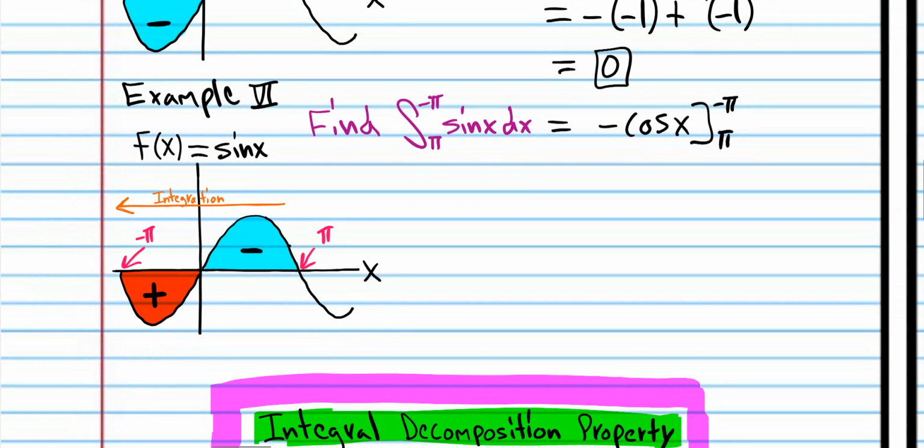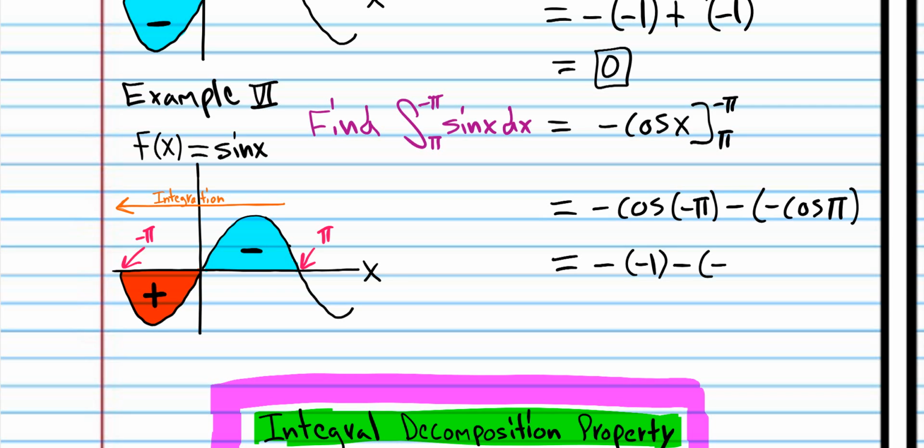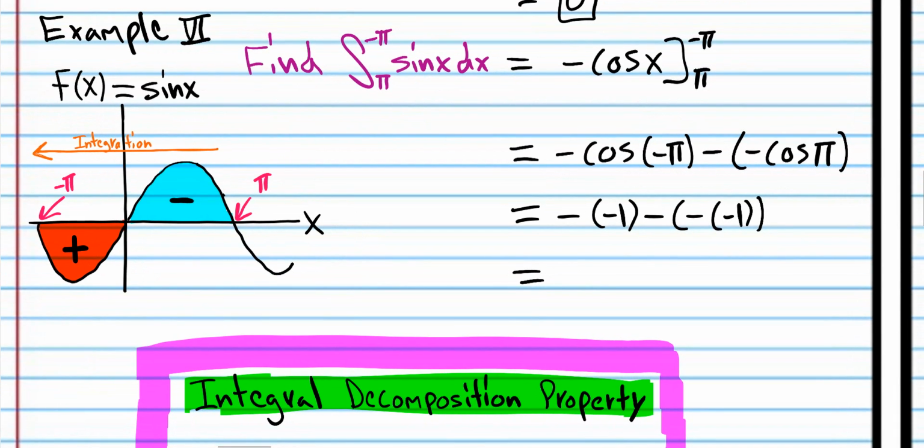We're reversing the limits of integration, plugging in negative pi first this time, then subtracting the antiderivative with positive pi plugged in. Cosine negative pi is -1, and cosine pi is also -1. You can do this however you want to, but we end up with 1 minus 1, which is 0.